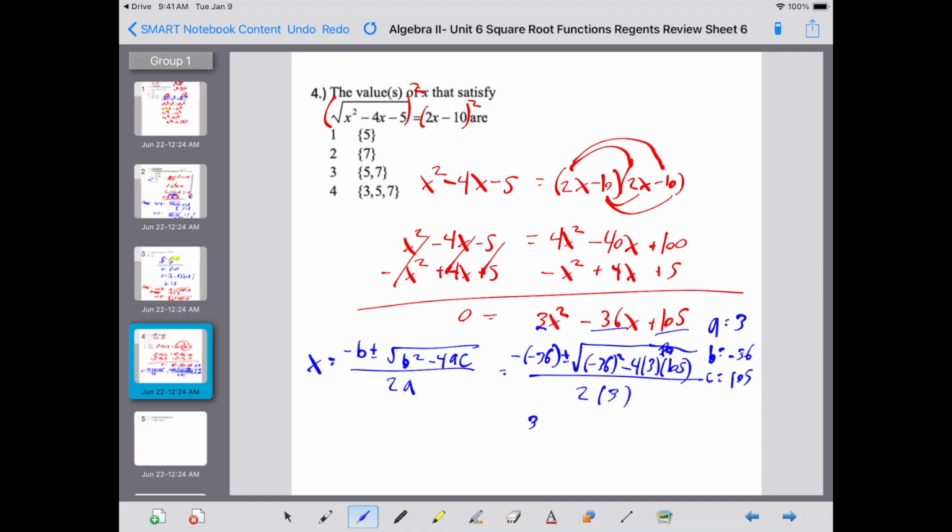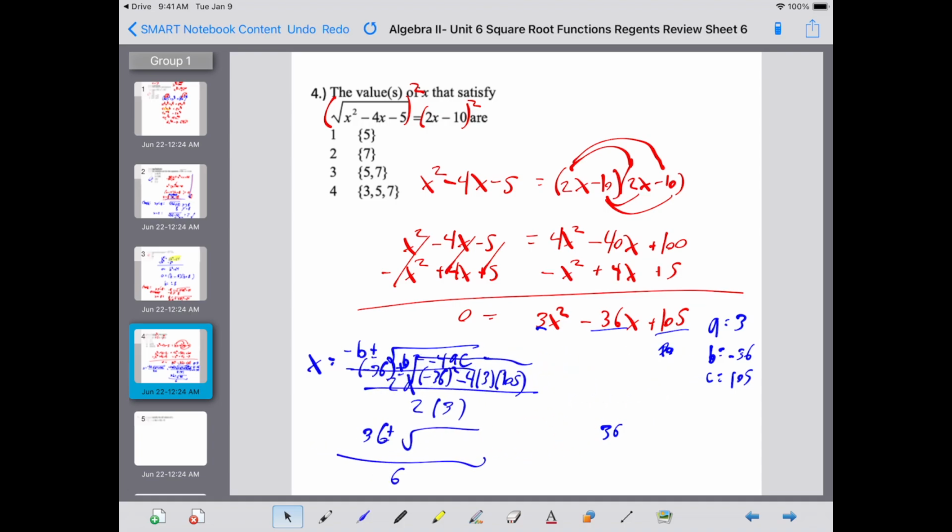Negative negative 36, positive 36. 2 times 3 is 6. Plus or minus the square root. Let me put that in my calculator. 36 squared minus 4 times 3 times 105. Get 36. Square root of 36 is 6. Excellent.